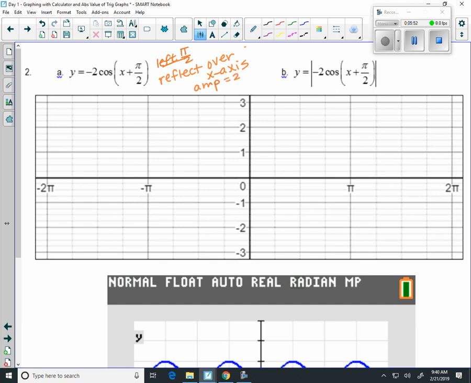So I'm going to start left pi over 2, so my starting point is going to be over here. I'm going to start at a minimum since I'm reflecting over the x-axis. And what's the period of the function? 2 pi.